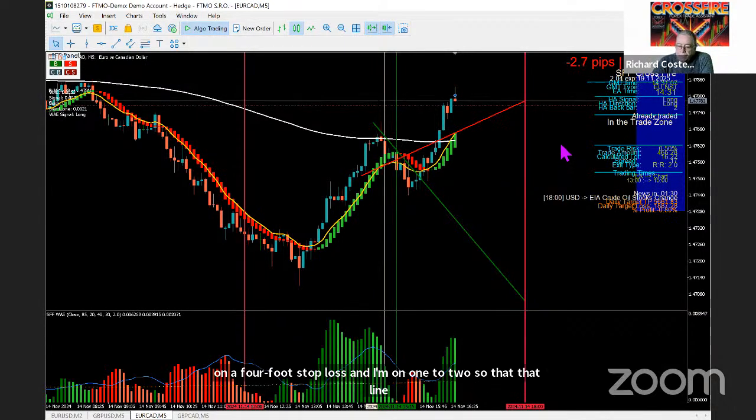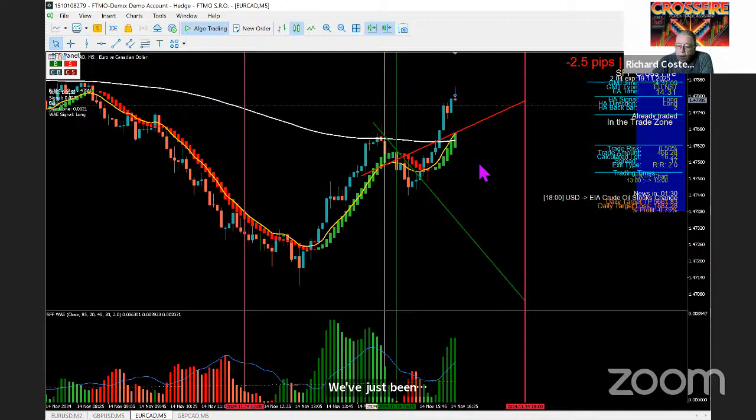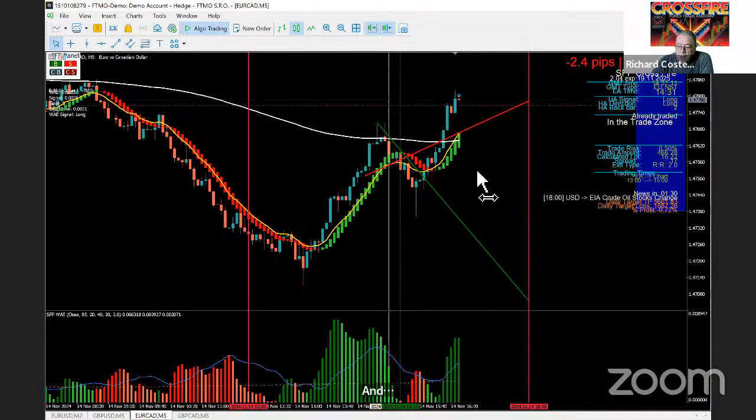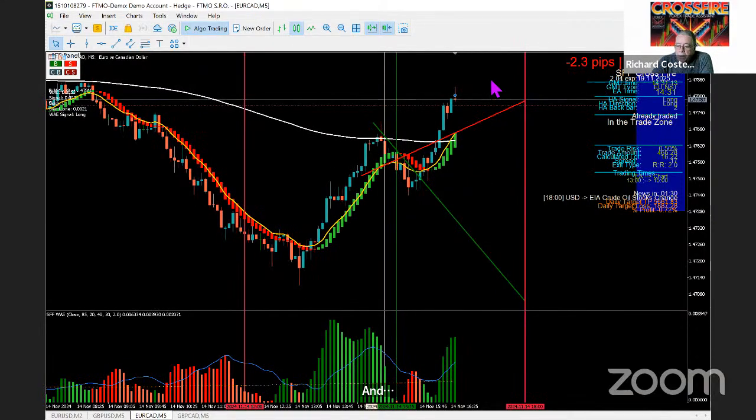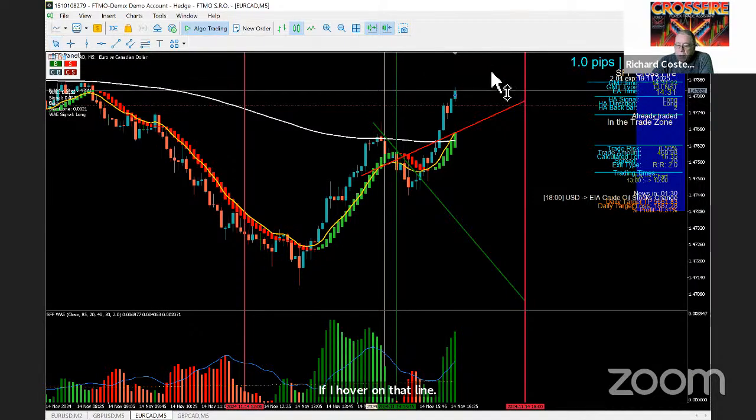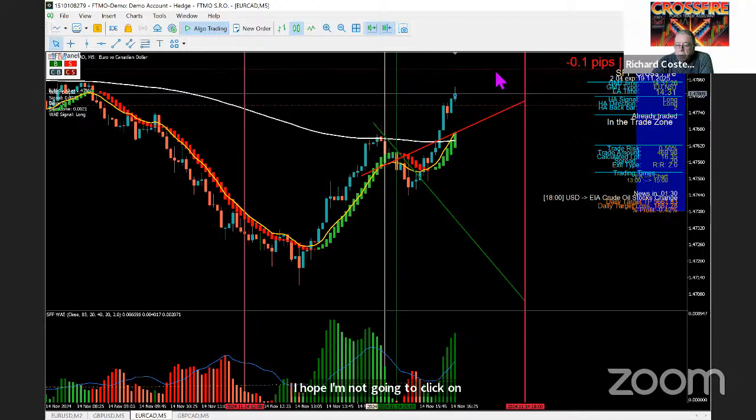And the way I deal with that is I move it slightly. If I hover on that line, it'll let me do it. I hover on that line and click on it. I can move it up a little bit. And it should now say 8 pips or more.